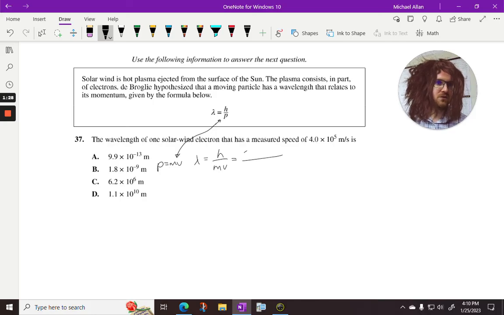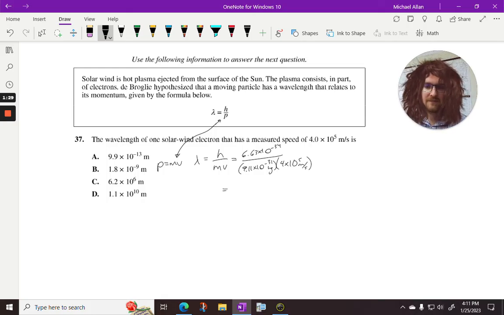We always use the Joule version for this formula. So 6.63 times 10 to the negative 34. The mass of an electron, yep, 9.11 times 10 to the negative 31. Type it all in there. Should get something relatively small.